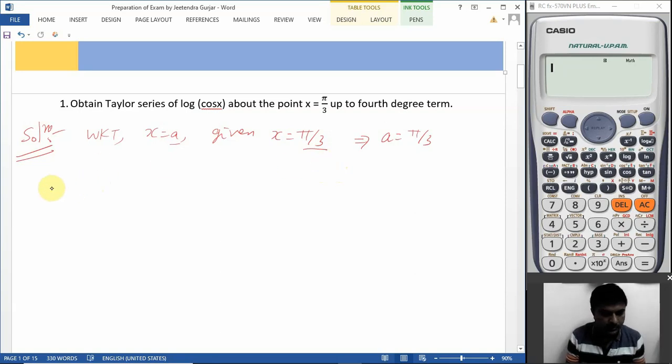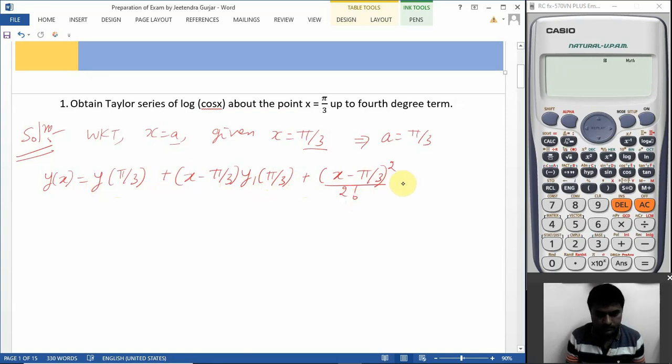So here I will write the formula and directly substitute the values, very, very important. y of x is equal to y of pi by 3 plus (x minus pi by 3) y1 of pi by 3, I'm substituting the values, students, plus (x minus pi by 3) squared divided by 2 factorial y2 of pi by 3 plus (x minus pi by 3) cubed divided by 3 factorial y3 of pi by 3 plus.